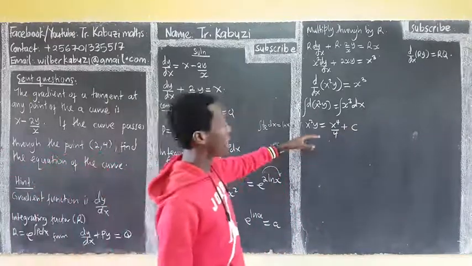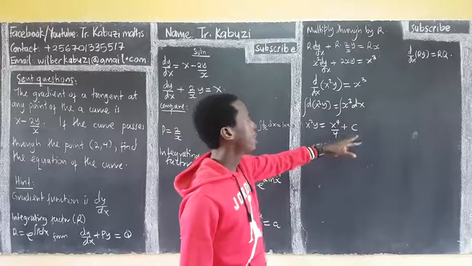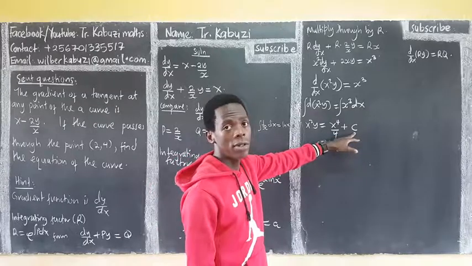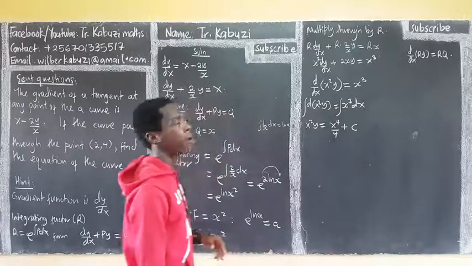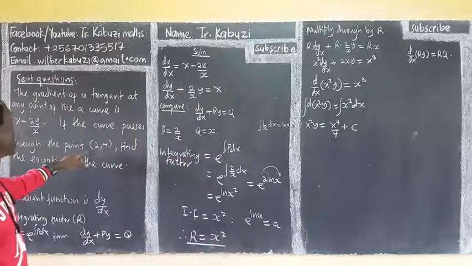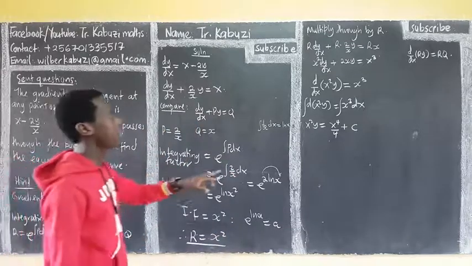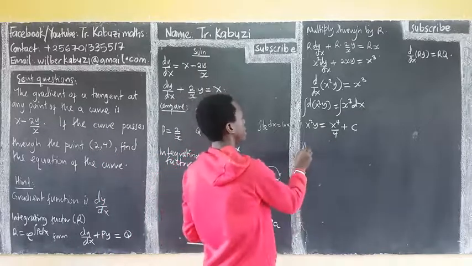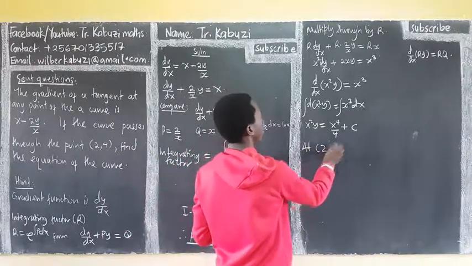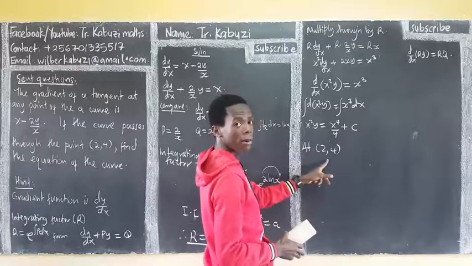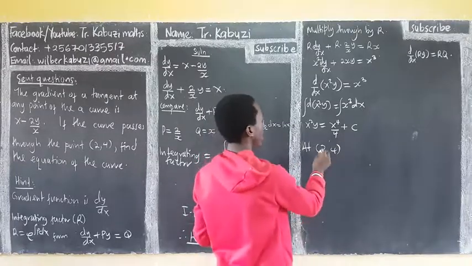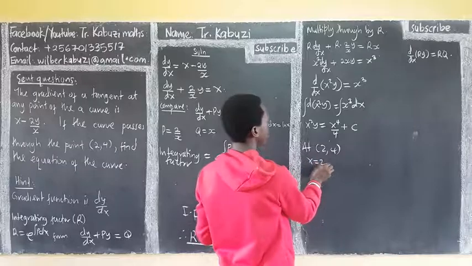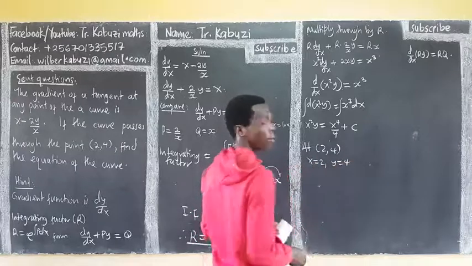Now, this is the equation of the curve. Remember, we have a constant of integration, so we need to remove it. How? We are told that this curve is passes through this point, meaning this point is located on the curve. So at 2, 4, our x is 2, our y is 4.